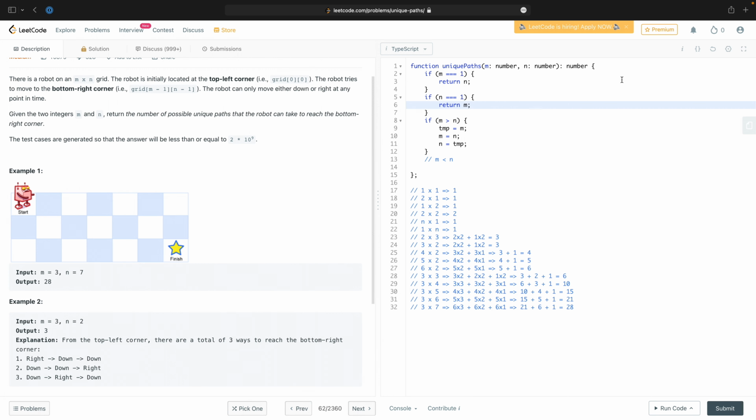return m. Oh my god, it is so noisy outside. This is ridiculous.